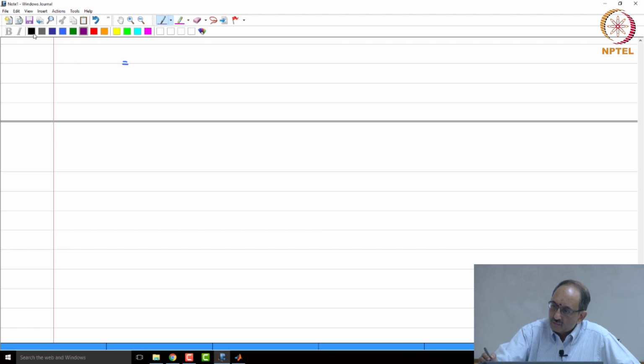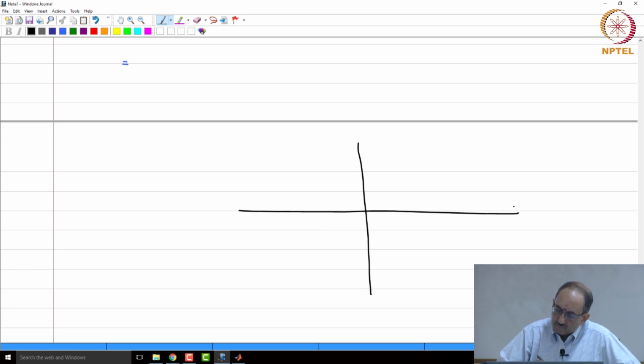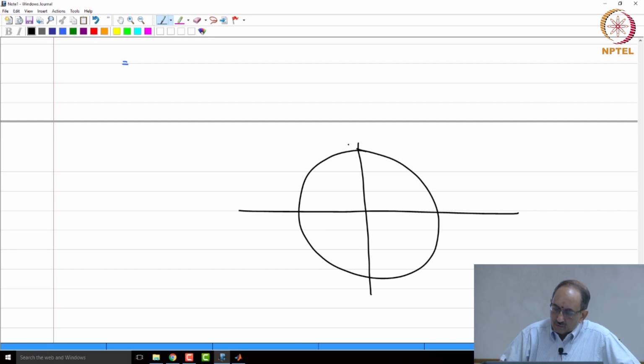Now, let us get further feel for this. Once you have this geometric interpretation intuition with you, you can kind of guess the shape of the frequency response, rough plot.